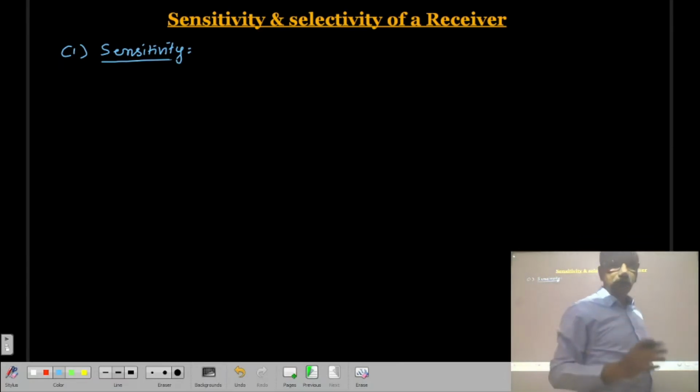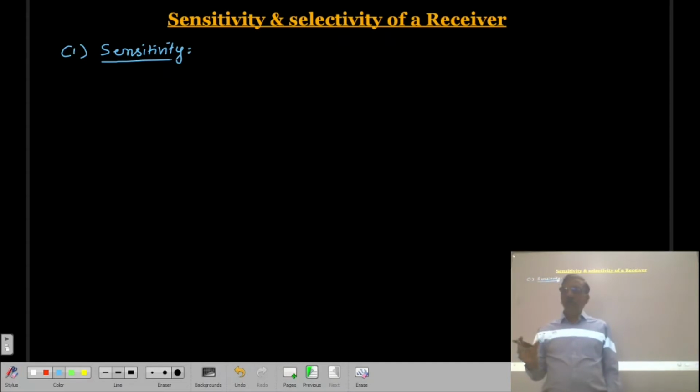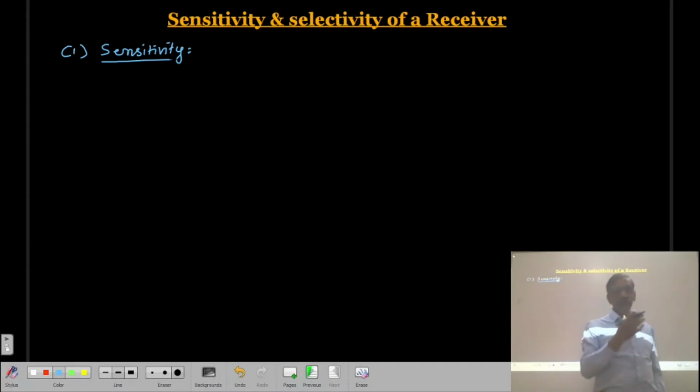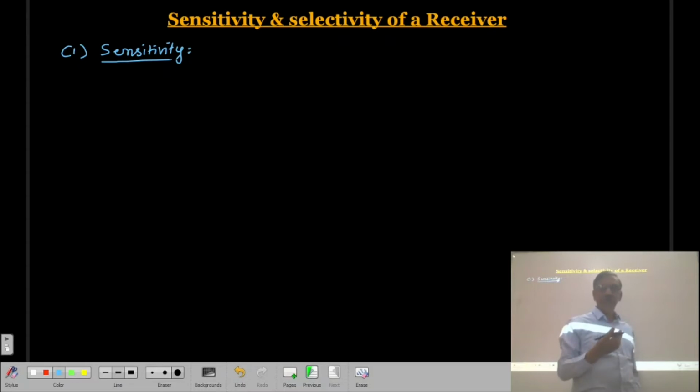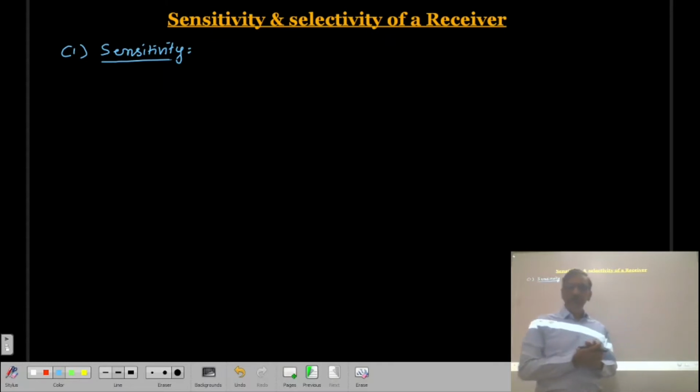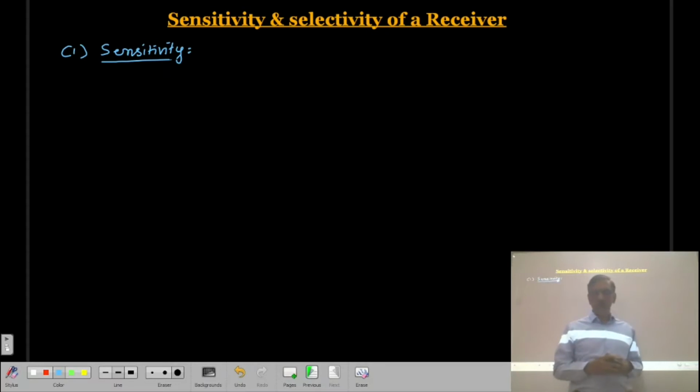Basically, the radio receiver is receiving so many signals. Some of the signals are coming from the local station, some of the signals are coming from a very far distance. So the receiver is receiving the strong signal as well as the weak signal. Naturally, if the signal is a strong one, then the receiver will produce the output.